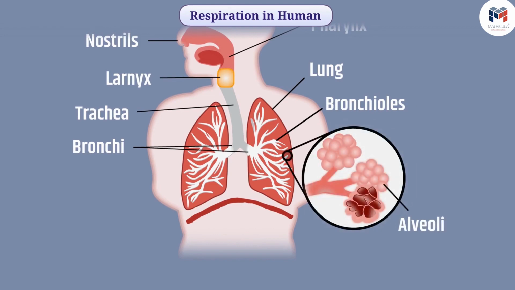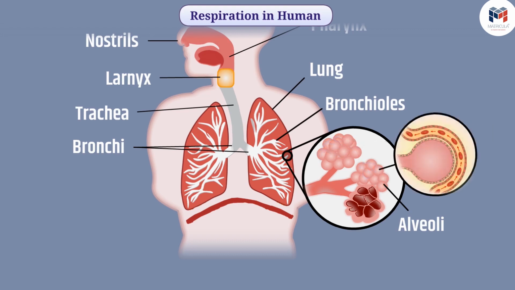Alveoli is like a bunch of grapes. In the wall of alveoli, there is a network of blood vessels. The surface of alveoli is thin, due to which oxygen is taken from the surface of alveoli into the blood and carbon dioxide present in the blood is released into the alveoli.